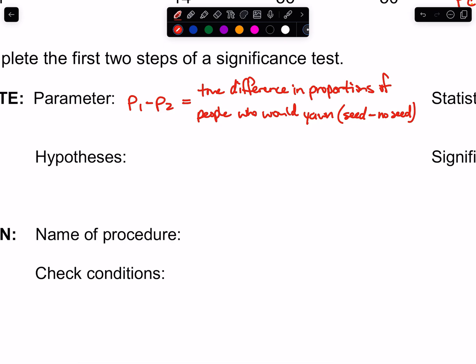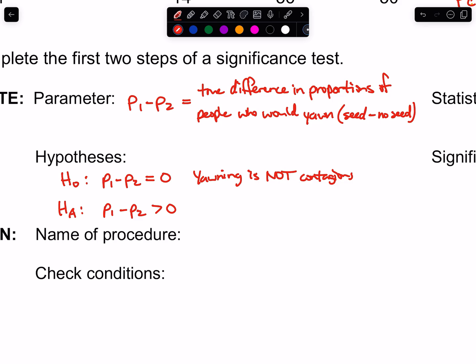Our hypotheses, so our null hypothesis, was that P1 minus P2 was 0, right? Meaning that yawning is not contagious. And so what would show that it is contagious would be that P1 minus P2 is bigger than 0, right?